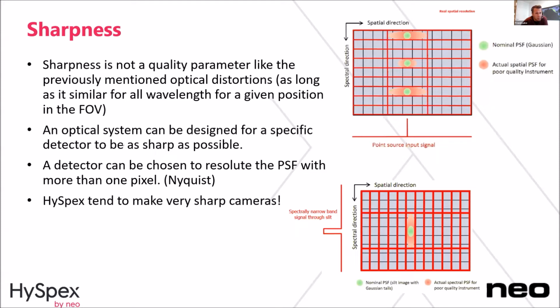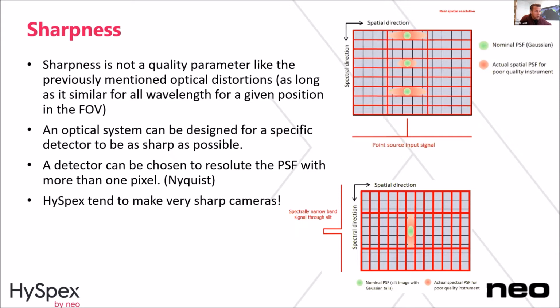But there are pros and cons to having really sharp systems and really blurry systems. So if you have a very sharp system, spectrally and spatially, of course you can get aliasing effects, both spatially and spectrally on the scene, but you are gathering more information than a blurry camera, right?